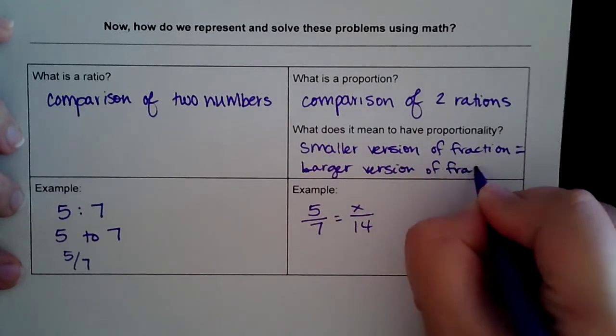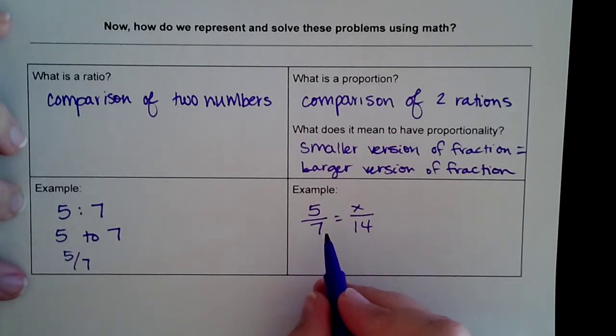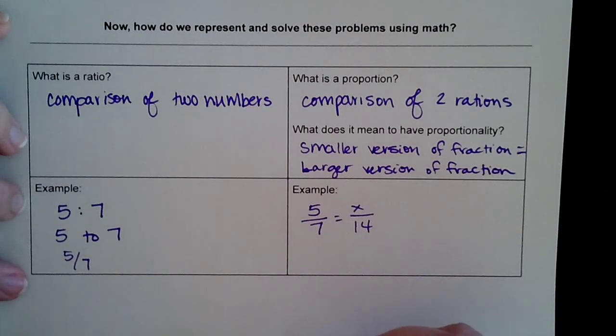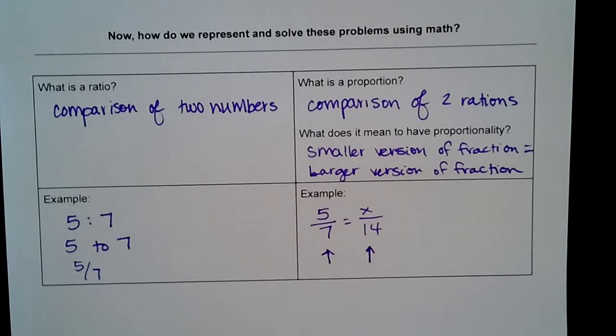So if I wanted this bottom fraction to be proportional or to have proportionality, I would need to make these two fractions equal to each other. Notice our smaller version of our fraction should equal our larger version of our fraction.